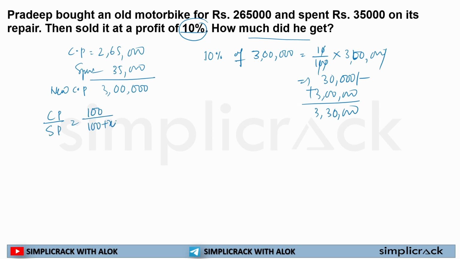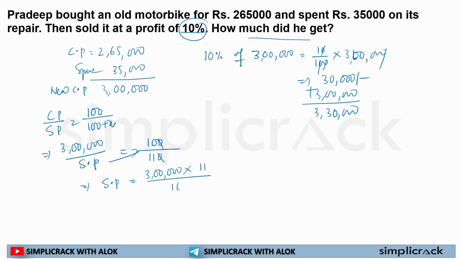Cost price by sales price into 100 by 100 plus X, that is the formula when profit percentage is given. So cost price is 3 lakh, and you don't know the sales price. So it is 100 by 100 plus 10, that is 110. 0 0 cross out. So sales price will be 3 lakh multiplied by 11 divided by 10.